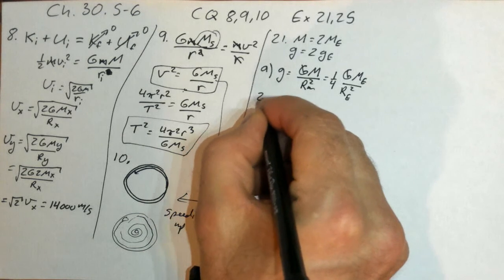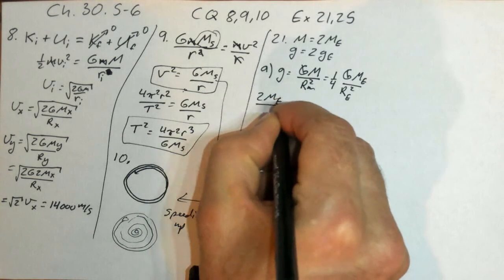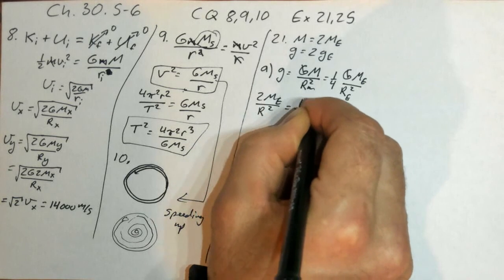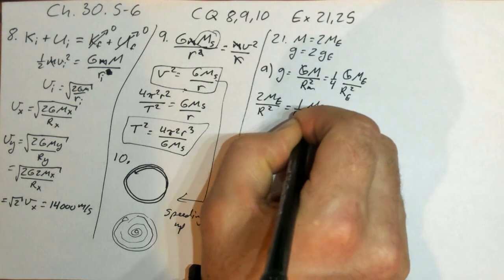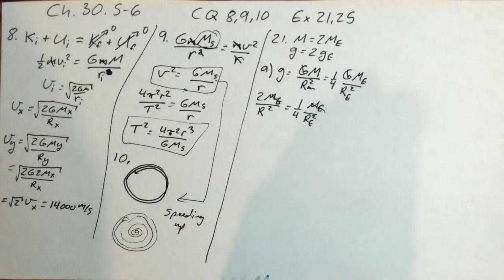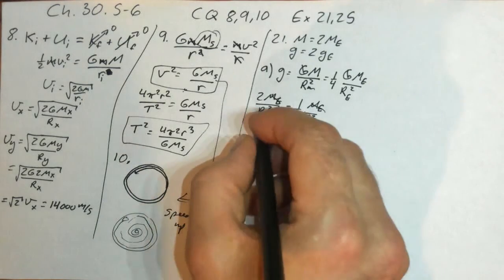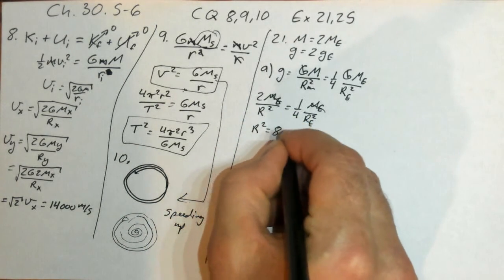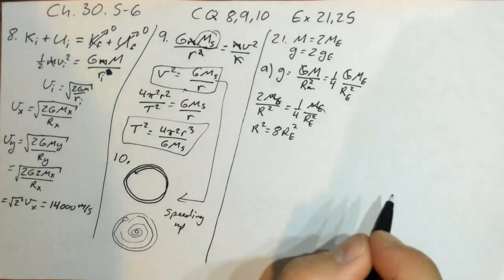I end up with 2 m_e over r squared equals 1/4 m_e over r_e squared. So the mass of the Earth cancels there. And then solving, you're going to get r squared is equal to 8 r_e squared.